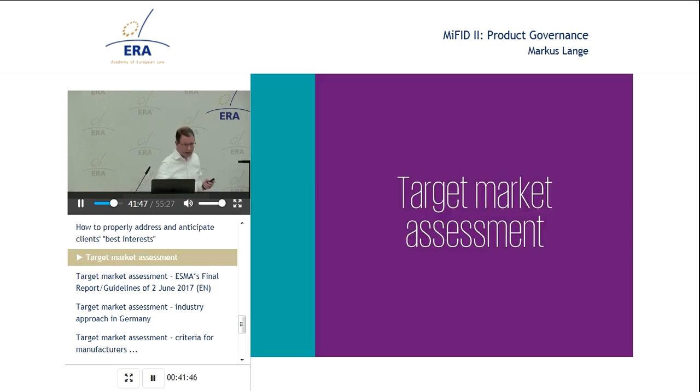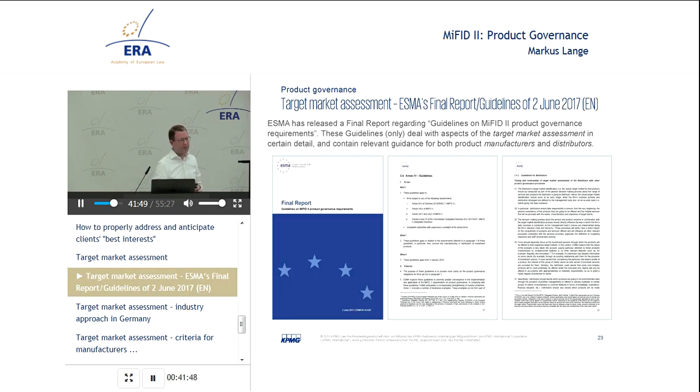The practice is, largely as far as I'm aware of it, that ESMA has said this is only about the target market exercise. If you look into the Delegated Directive, I think it's Article 9 and Article 10, the requirements for manufacturers and distributors respectively, there are a lot of things governed, and you'll find the target market, but it's not all about the target market.